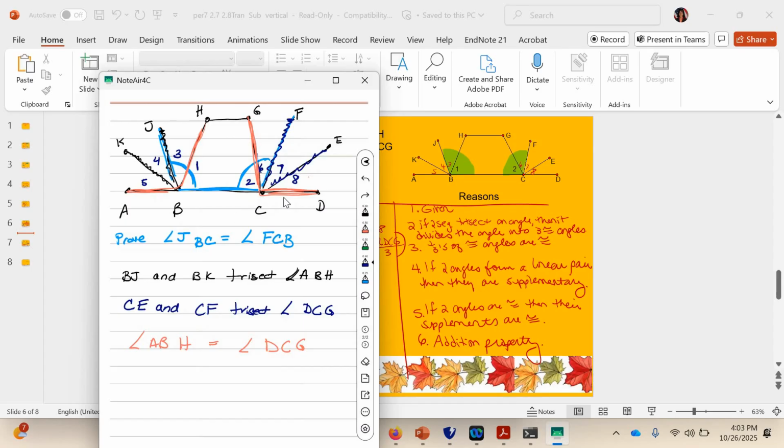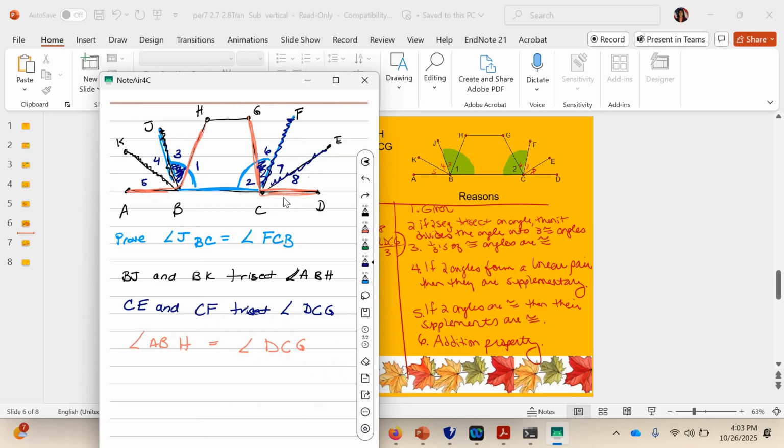I'm running out of colors, so I'm just going to shade it. So this is why she started shading things. This part here has to be the same as this part here because they were all trisected. They're identical. So all I'm left with is this remaining piece, number 1 and 2.